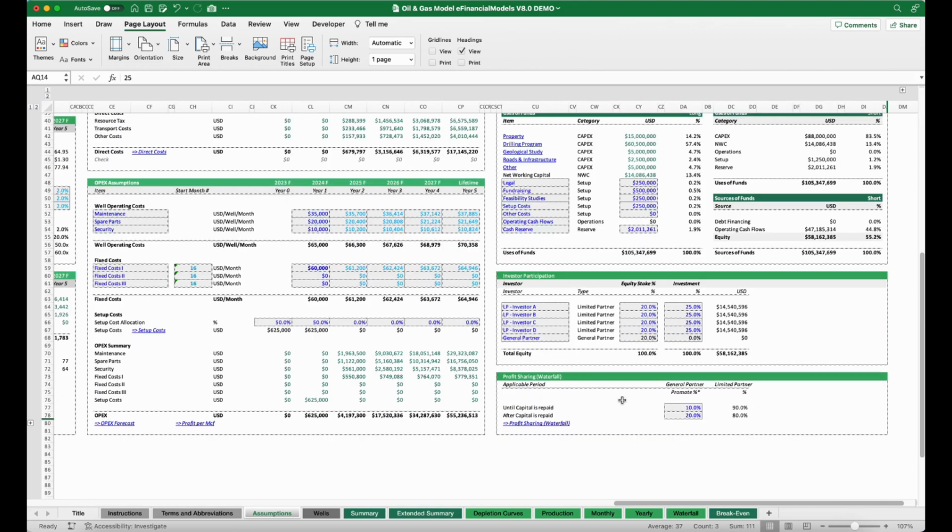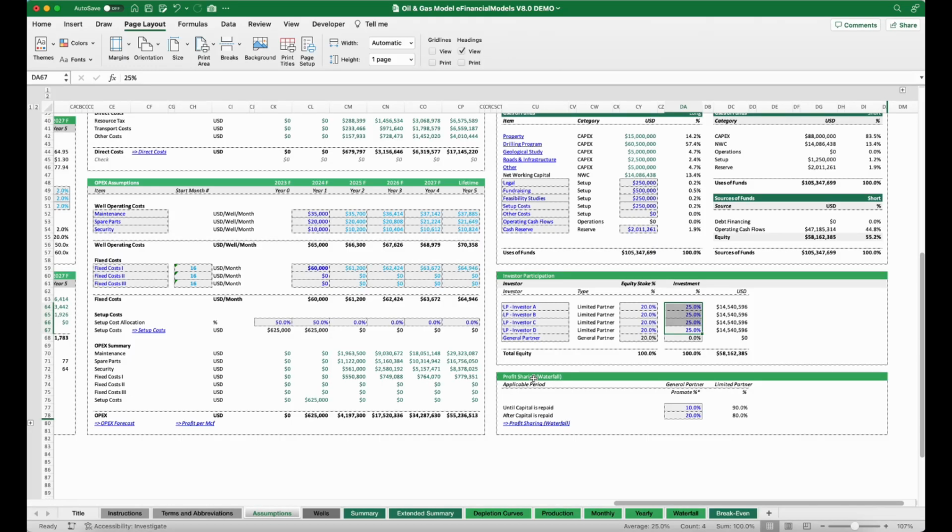The last set of assumptions needed are assumptions which define the relationship between investors, general partners and limited partners. What will be the equity stake they will receive into the project? Who will contribute how much of the funding required?